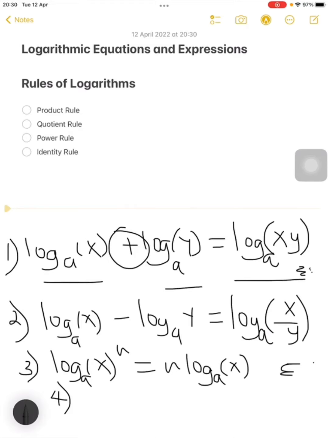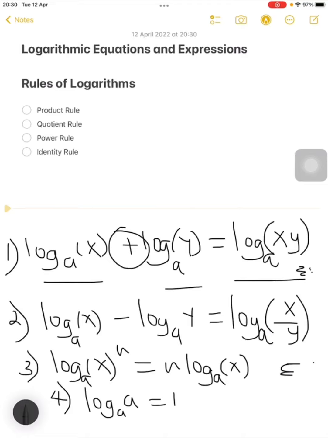For the identity, the log of any positive number to the same base, the base of that same number, is always 1. So we have log of a base a equals 1. So it's log of a, and the base is still the same as that number. Such a log is called identity.